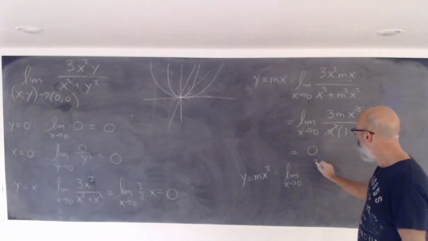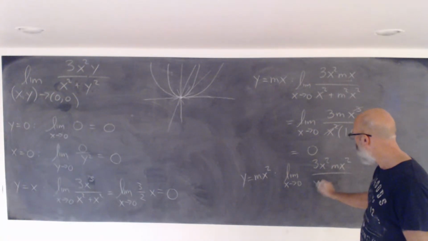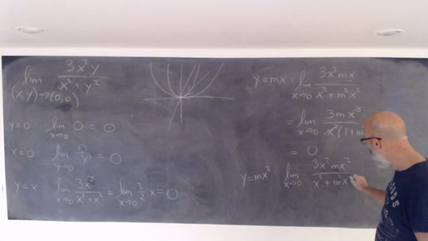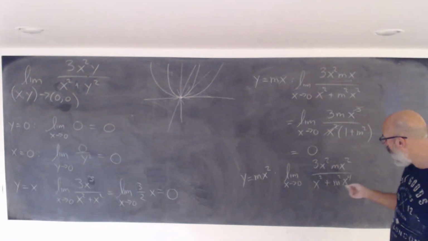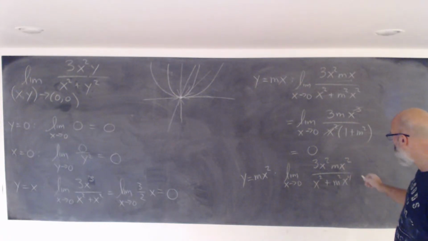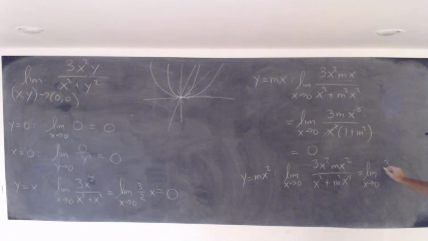What do we get? 3x squared mx squared over x squared plus y squared, which is 3m x to the 4. And then you can only factor out an x squared from the bottom, giving 1 plus m squared x squared. One of them cancels out, but you still have the other to force everything to 0.